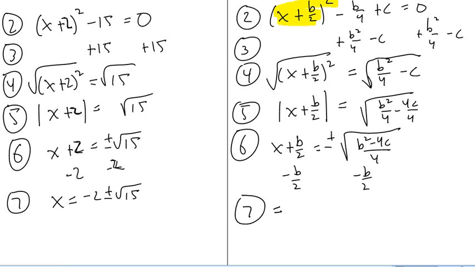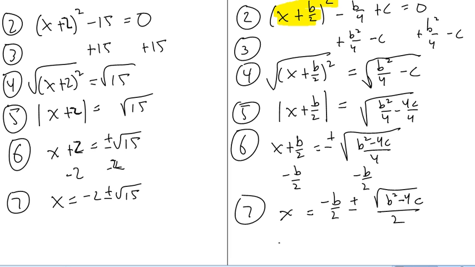Which gives me my final answer. x equals negative b over 2 plus or minus, and notice that because that's over 4, we can go b squared minus 4c over 2. Just clean up that c, looks a bit 2-ish.